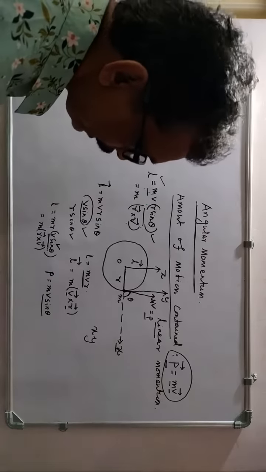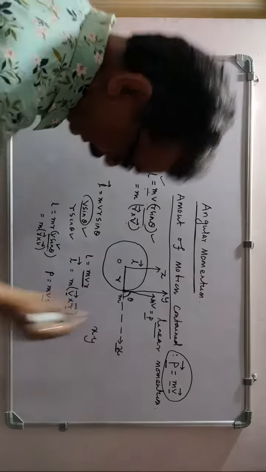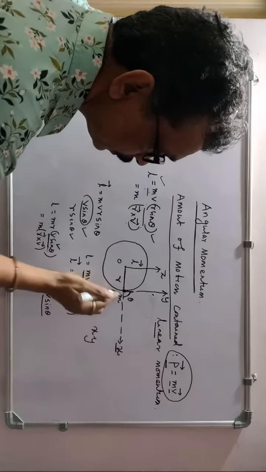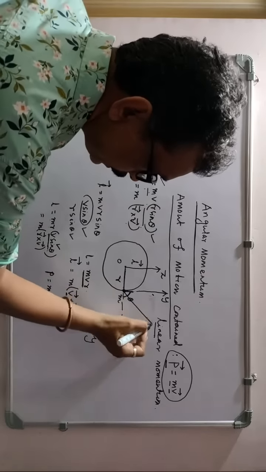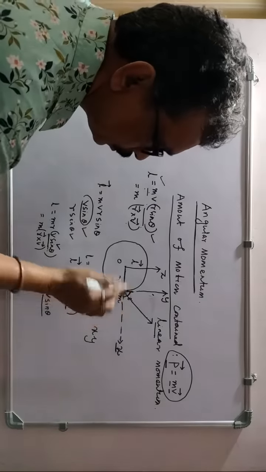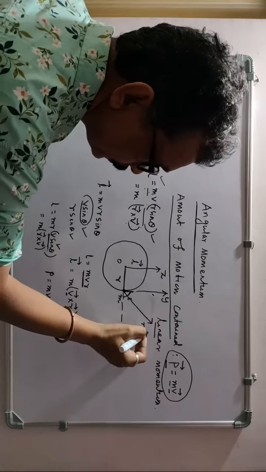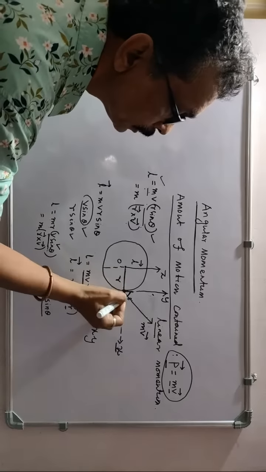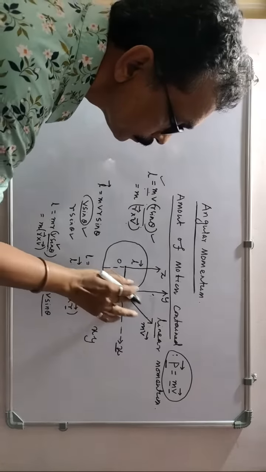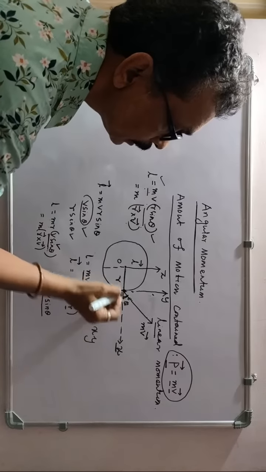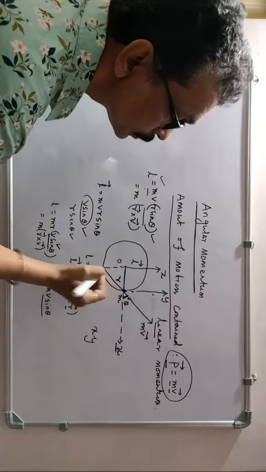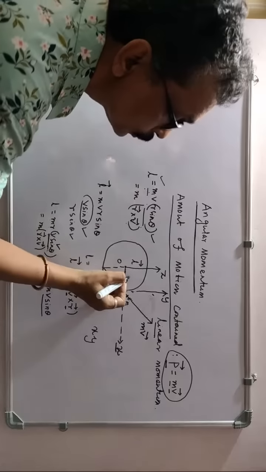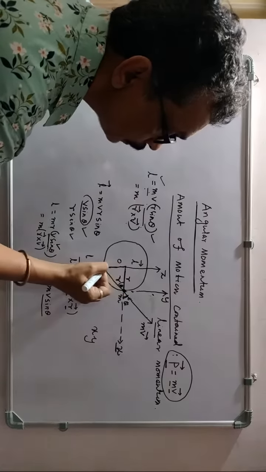Why does it depend upon r? Suppose the momentum of the particle, suppose I am taking the momentum along this direction. This is the momentum mv of the particle. This is the angle theta. You join this. So this angle also will be equal to theta. This is your r. Then what will be this value?